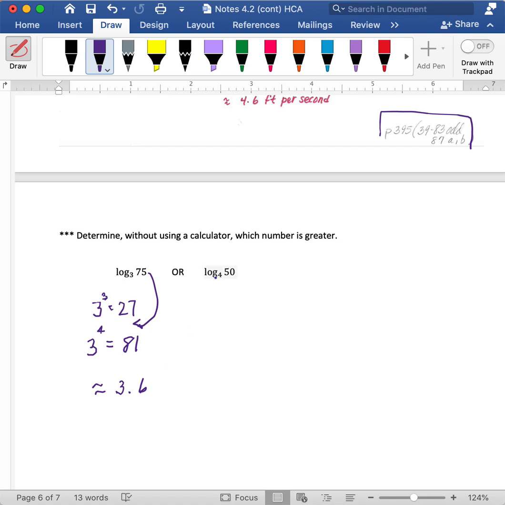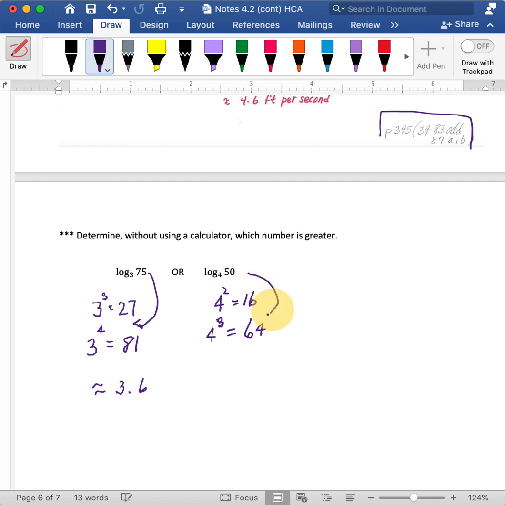We'll do the same thing here, with log base 4 of 50. 4 to the power of 2 is 16, too low. We're not getting to 50 yet. 4 cubed, well, 4 squared is 16. 4 to the power of 3: what's 16 times 4? 4 times 4 is 16 times 4 is 64.